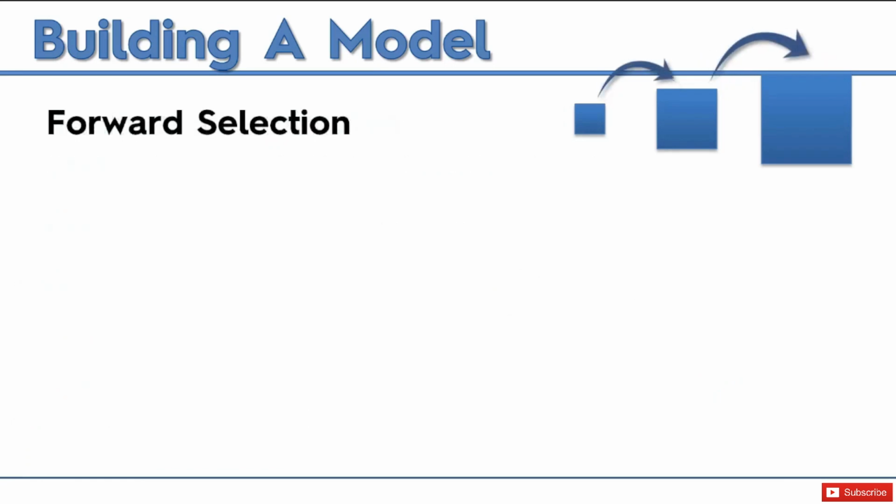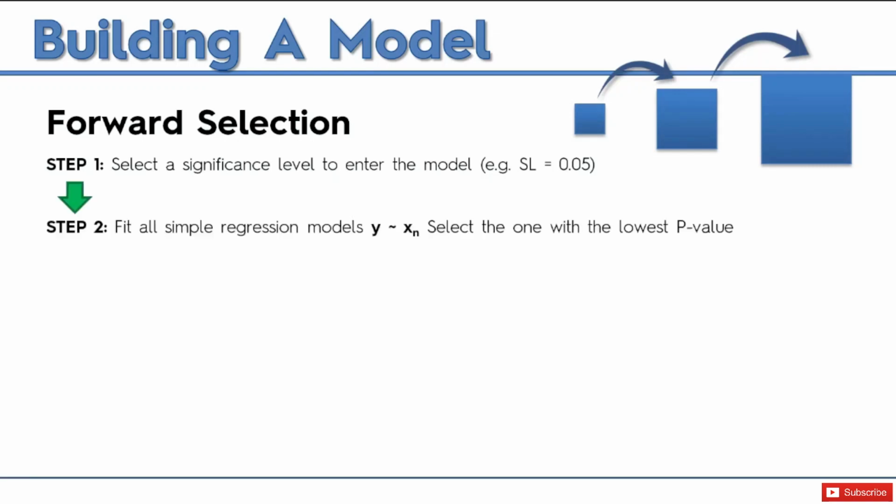Next method is the forward selection. It sounds like the opposite, and the picture in the top right corner does illustrate the opposite, but it's much more complex than just simply reversing the procedure. You will see that it's a much larger procedure. We start with step one. Select the significance level to enter the model. In this case, once again, we're going to select 5%.